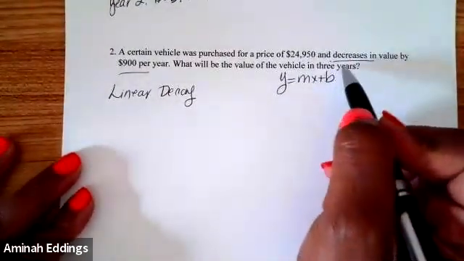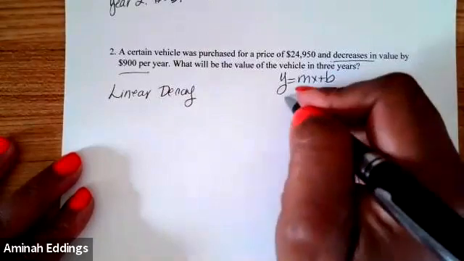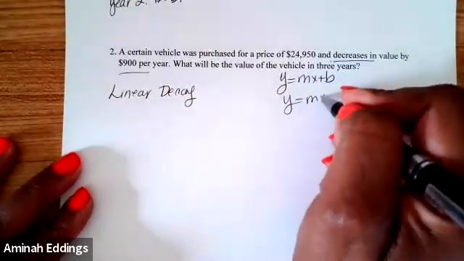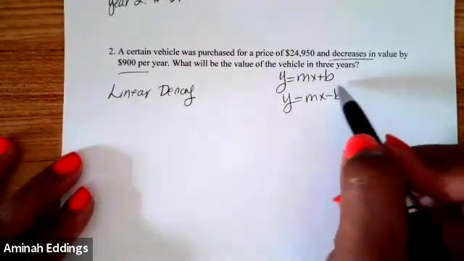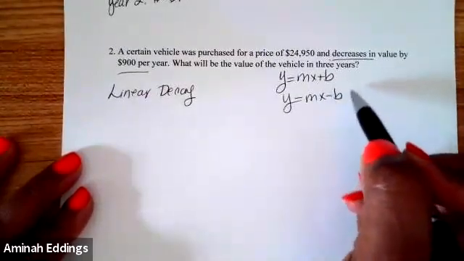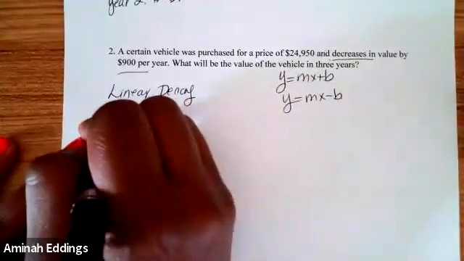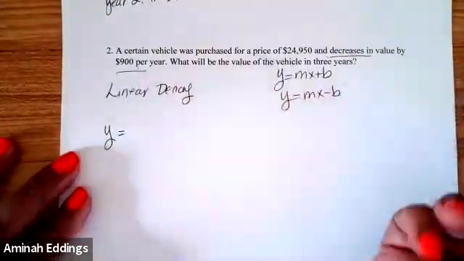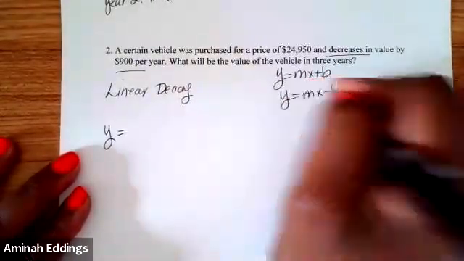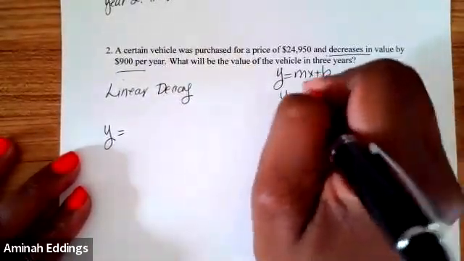But in this case, it's decreasing. So that would be y equals mx minus b. Okay. B is my initial amount. So my function is going to be y is equal to negative, and I'm sorry, that was my fault. We're gonna do it this way.